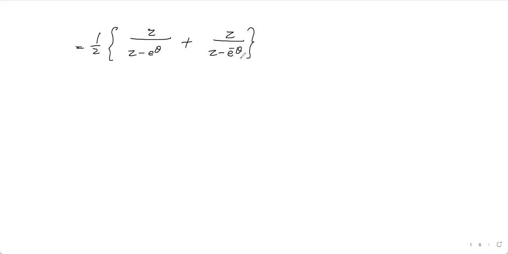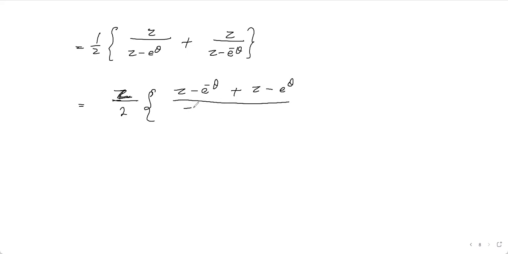Now further, solving this, we get half of, let us take z as common here, z minus e to the power of minus theta plus z minus e to the power of theta by z minus e to the power of theta and z minus e to the power of minus theta, right?